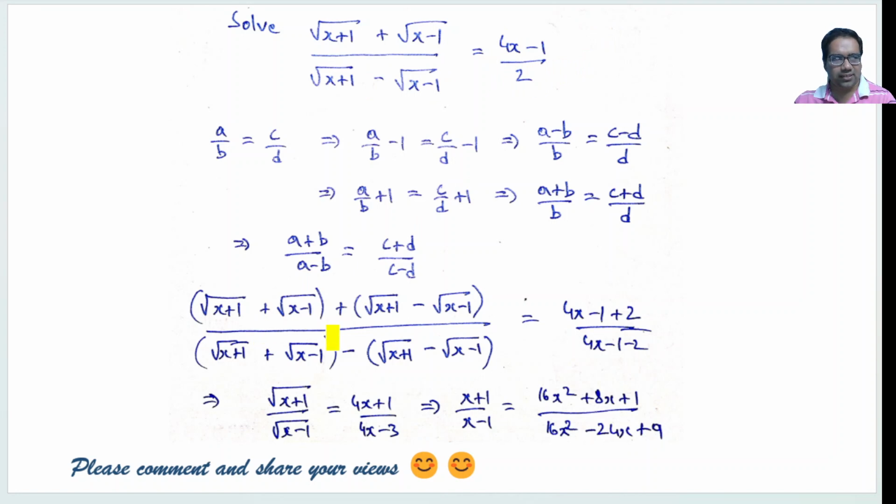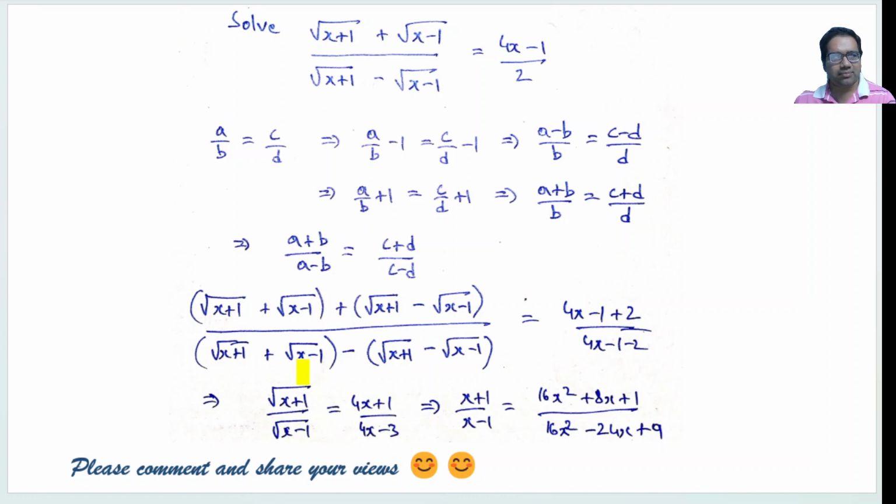Right. If you simplify this, what will be left? The root of x minus 1 terms will cancel from the numerator, and the root of x plus 1 terms will cancel from the denominator. So we'll be left with 2 root x plus 1 by 2 root x minus 1. We can cancel 2's also. So root of x plus 1 by root of x minus 1 will be 4x plus 1 by 4x minus 3.